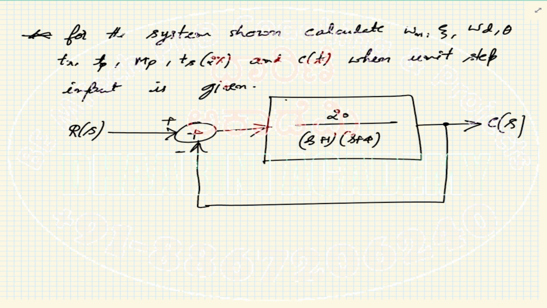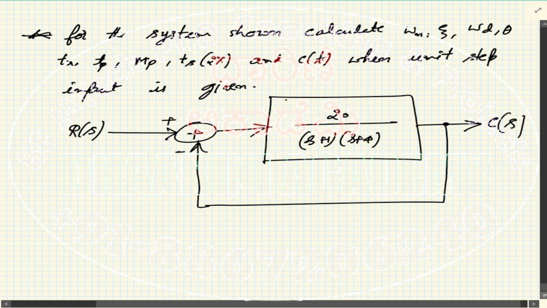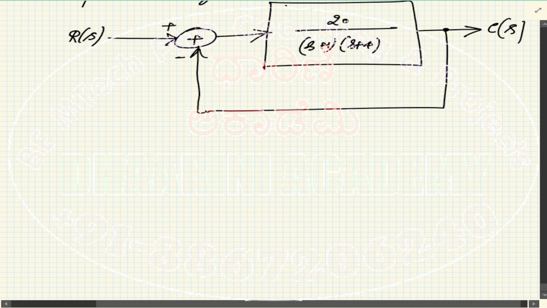From this, I need to get the equation in the form of the standard second order transfer function. So we can calculate C of S by R of S as G of S by 1 plus G of S into H of S, right?